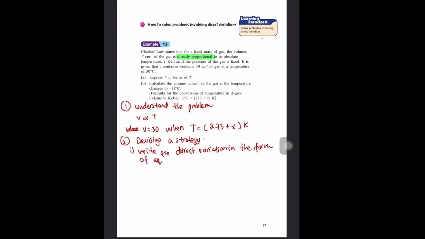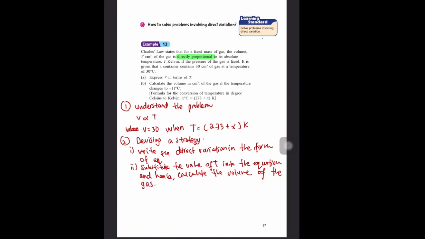This is the first thing that we need to do. The second one, substitute the value of T into the equation and hence calculate the volume of the gas.